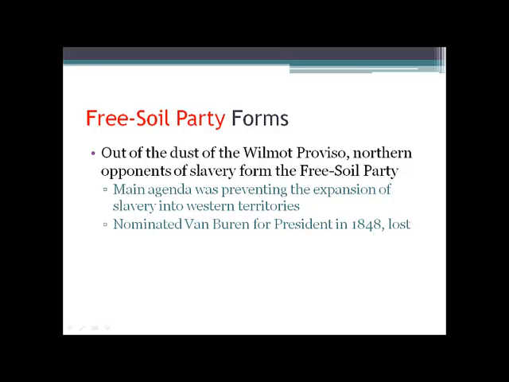And they do nominate a major former president for president again in 1848, but they lose, and it really doesn't pick up a lot of steam from there. But with the Free Soil Party, we are now getting political, and political parties are forming their foundation, their platform, saying that slavery should not be in the Western territories.